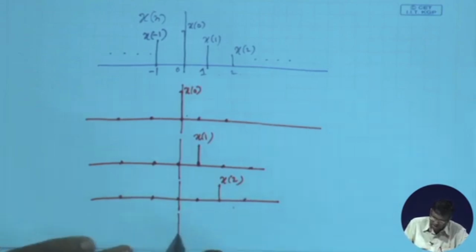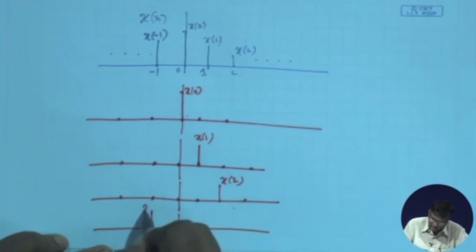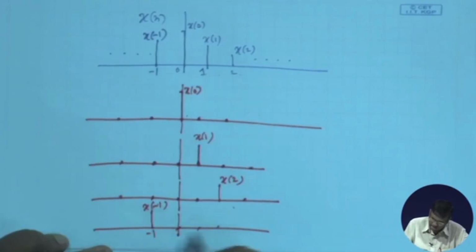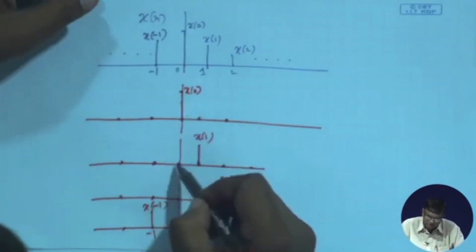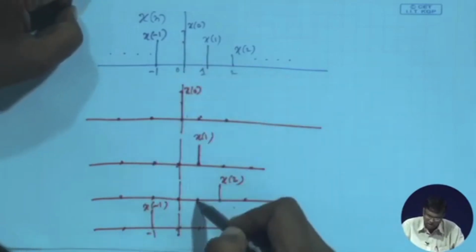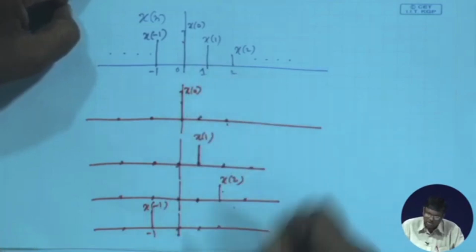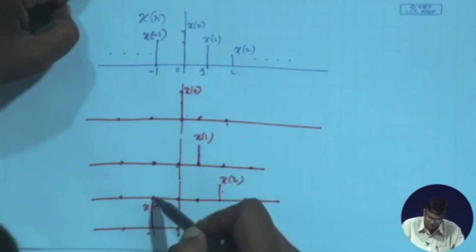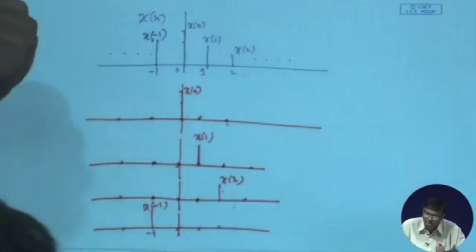Another one, if you go to the minus side, x minus 1, this value at minus 1, but 0 everywhere else, like this. If you add all of them, x 0 plus 0 plus 0 plus 0, you get x 0; x 0 plus x 1 plus 0 plus 0, you get x 1; 0 plus 0 plus x 2 plus 0, you get x 2; 0 plus 0 plus 0 plus x minus 1 plus 0, you get x minus 1. So, by adding them, that is superimposing them, you get back your original sequence.